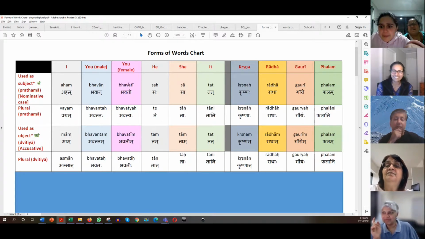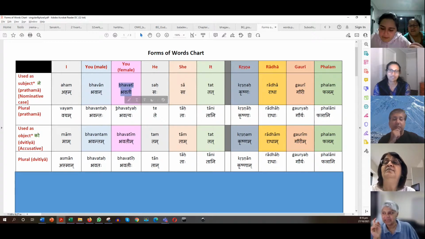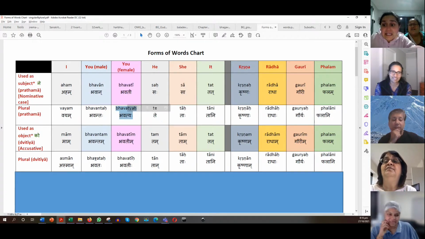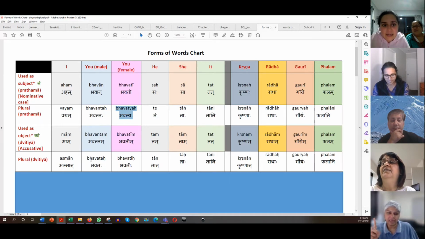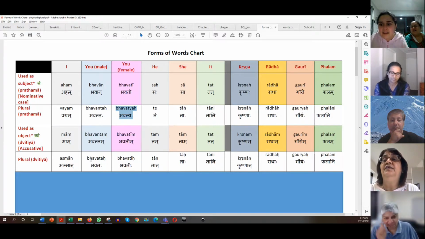So plural of Bhavati is Bhavatyah. Parvati, Parvatyah. Gauri, Gauryah. Gopi, Gopyah. Manjushri, Manjushriyah. Vidushi, Vidushyah.